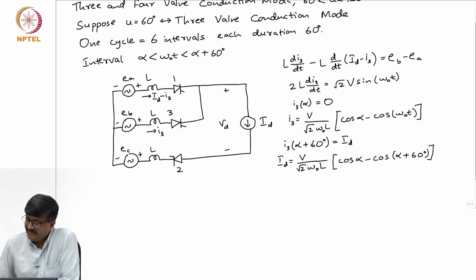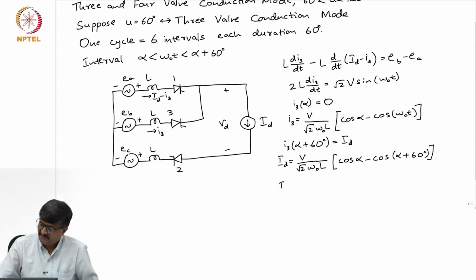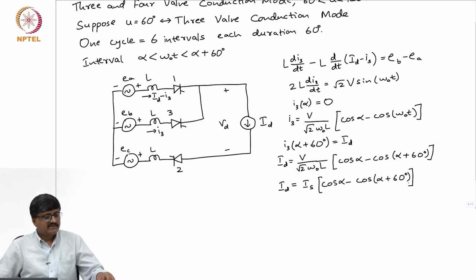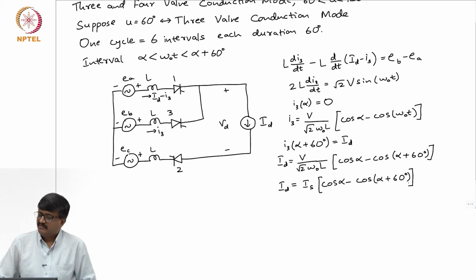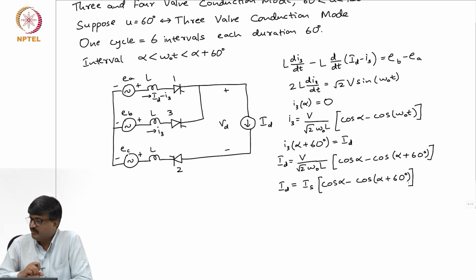With the notation IS for V by root 2 omega L, I get ID equal to IS into (cos alpha minus cos (alpha plus 60 degrees)). Now we have a relationship between ID, IS, alpha, and U for the 2 and 3 valve conduction mode and 3 and 4 valve conduction mode. For the 3 valve conduction mode, there is no U, since U is exactly 60, so the relation is between ID, IS, and alpha.